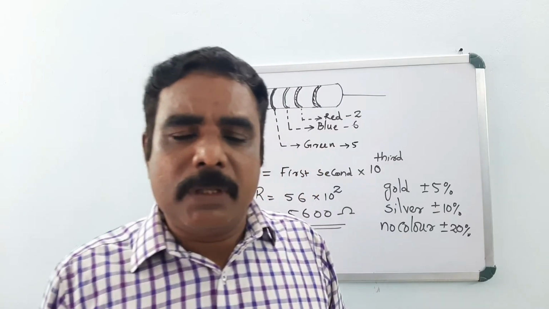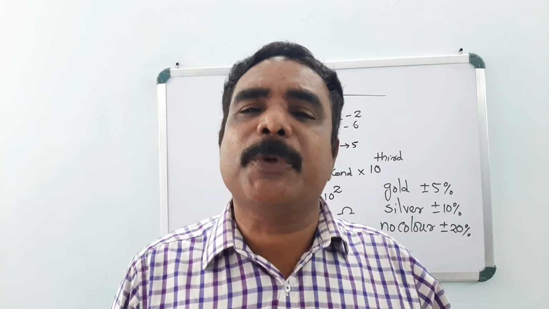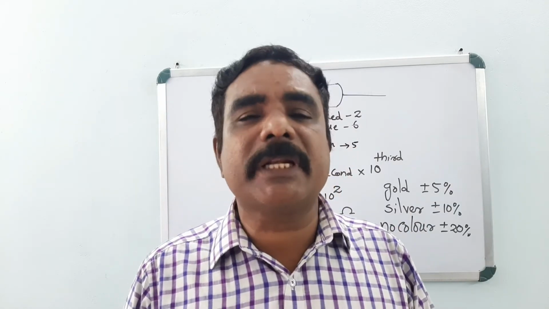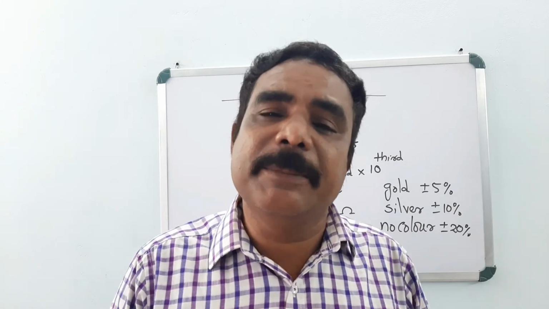So, the first 3 colors give resistance. Last ring, its presence or absence indicates tolerance. If the 4th color is golden, it is 5% tolerance. 5% may be added and can be subtracted to obtain the limiting range of that resistor.